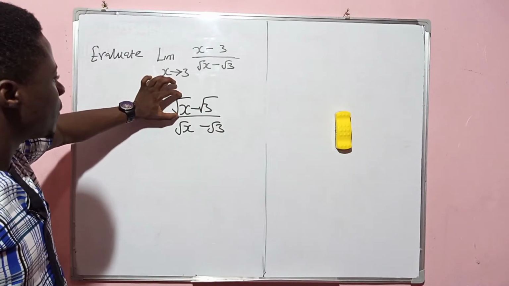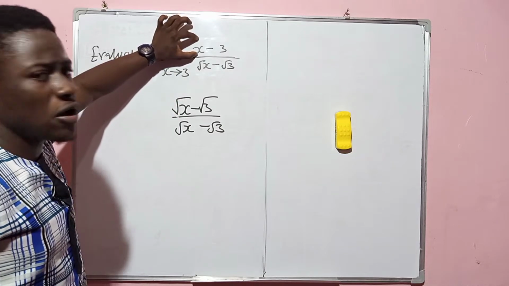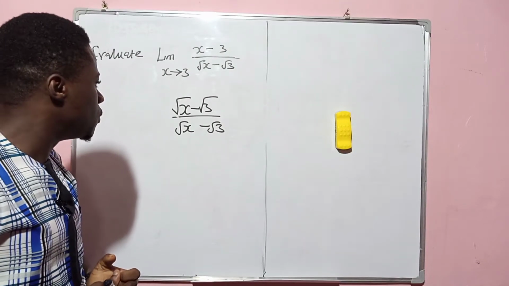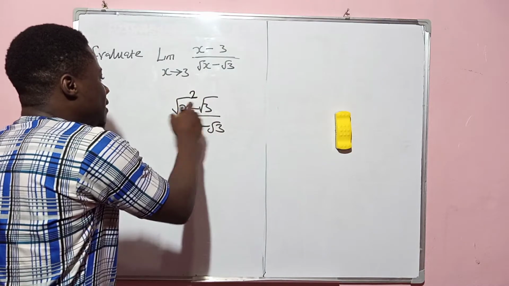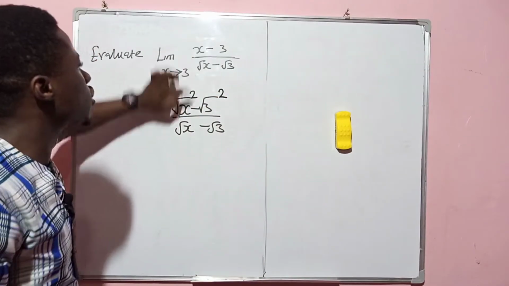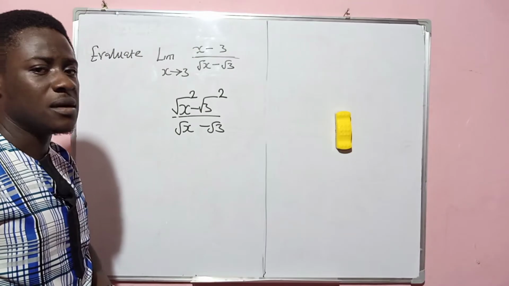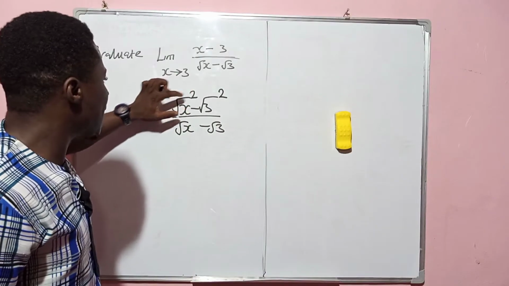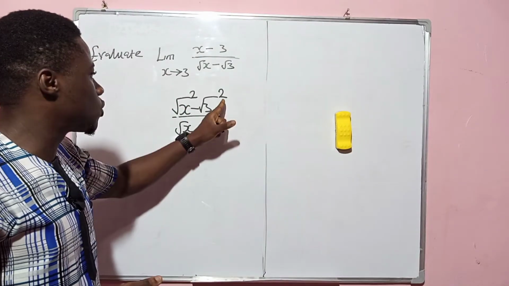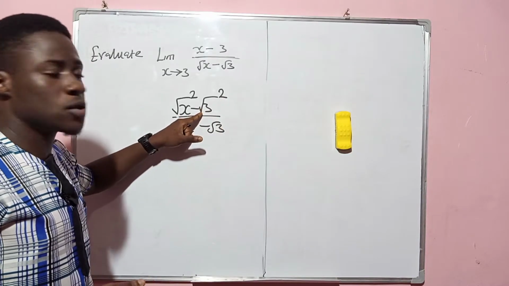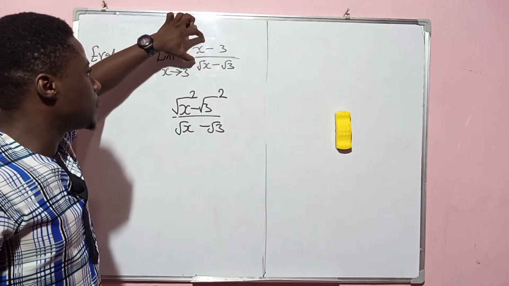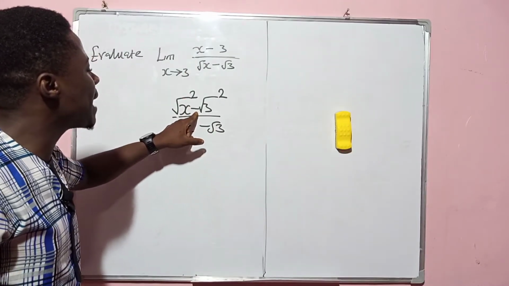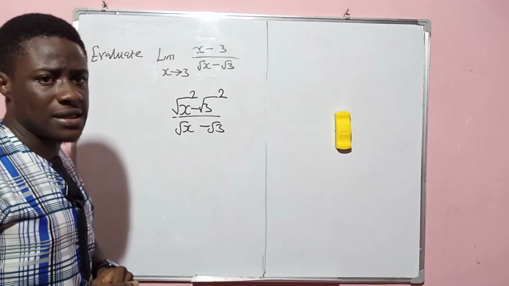Now, if I square each of these square root terms, I have returned back to the initial expression, because the square cancels out the square root. So if this is equal to this, I can apply difference of two squares at the numerator.